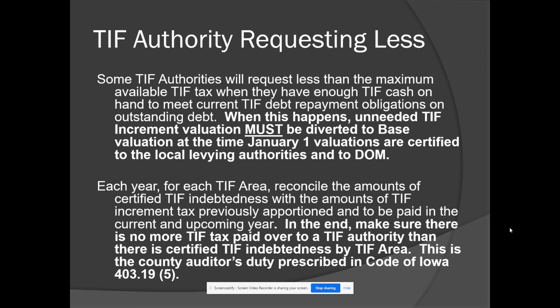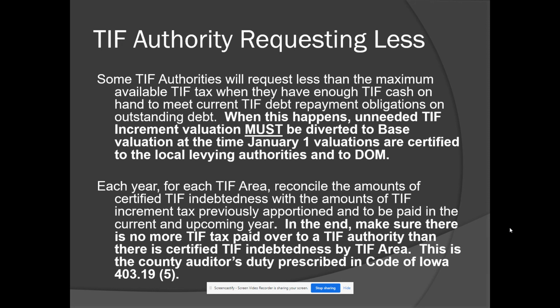Again, for each year, for each TIF area, you need to reconcile the amount of certified TIF debt with the amount of TIF tax previously apportioned and to be paid in the current and upcoming budget year. In the end, you do need to make sure that there is no more TIF tax paid to a TIF authority than there is certified TIF debt.